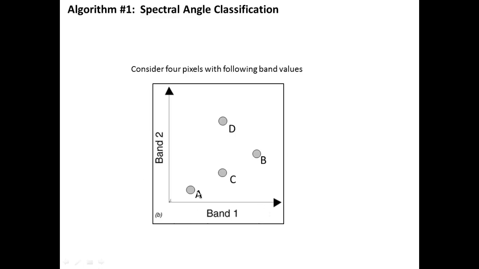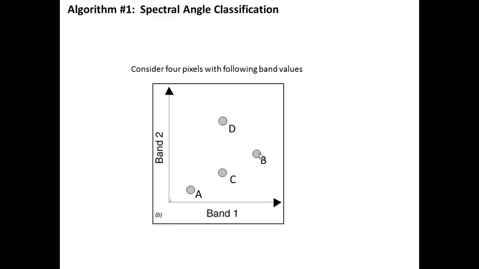For example, what if one of these points was just a point in a shadow, such that its reflectance values were lower in both band 1 and lower in band 2? It might actually have the exact same reflectance values as B, but just be scaled down because it's in a shadow or on a topographic slope.